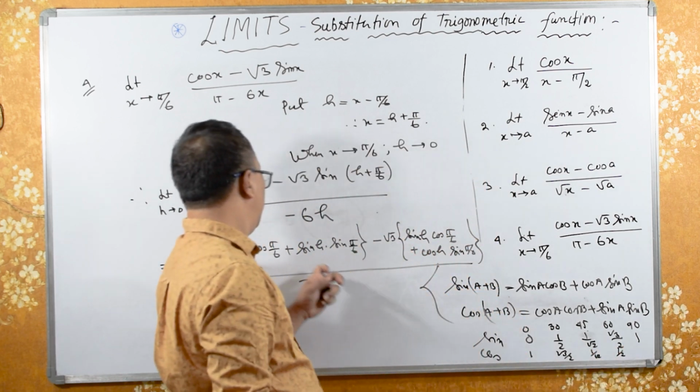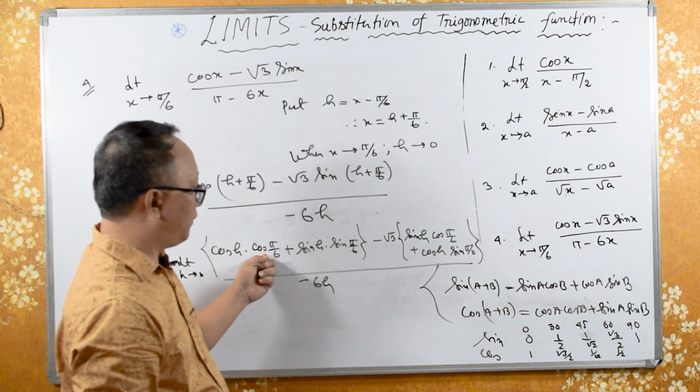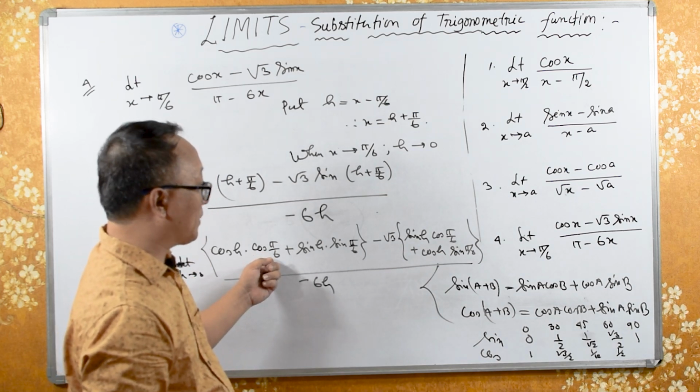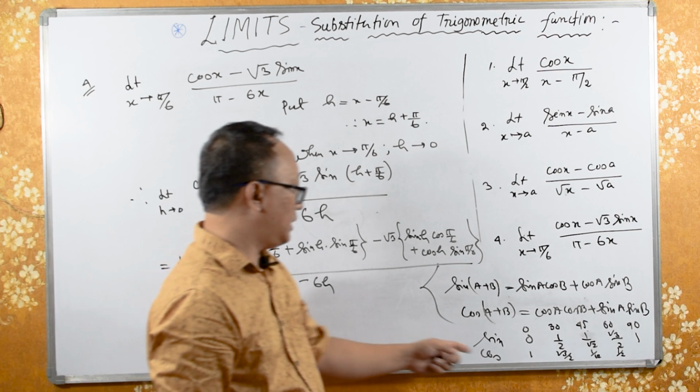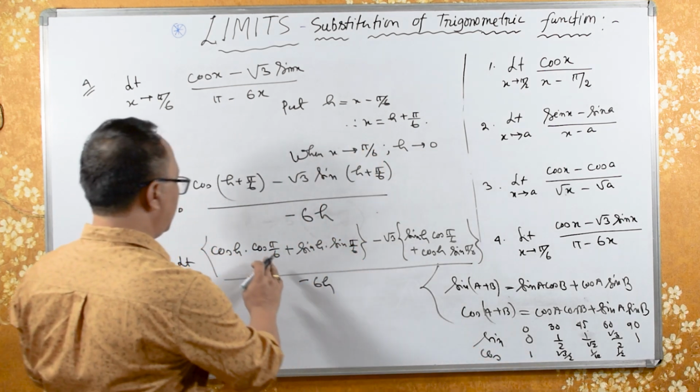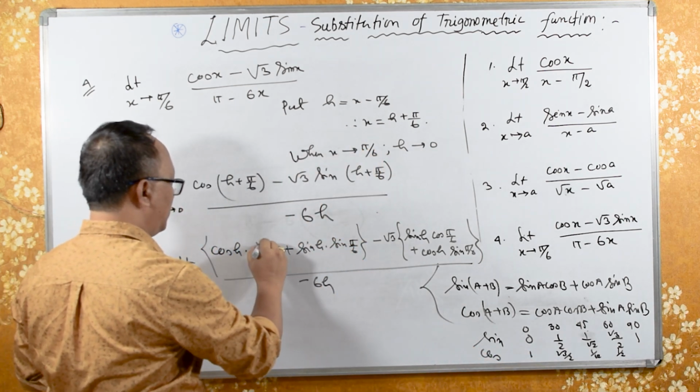Here cos of 30 degree is root 3 by 2. Here I can write root 3 upon 2.